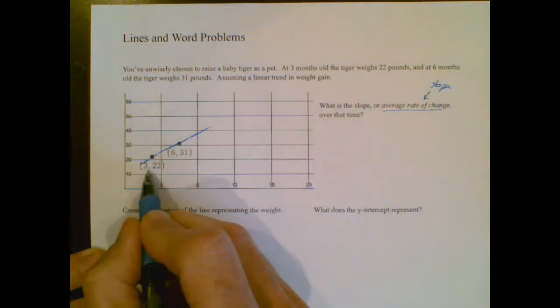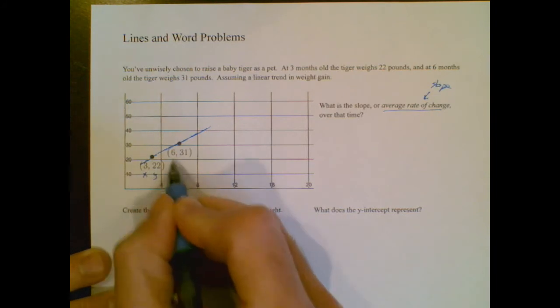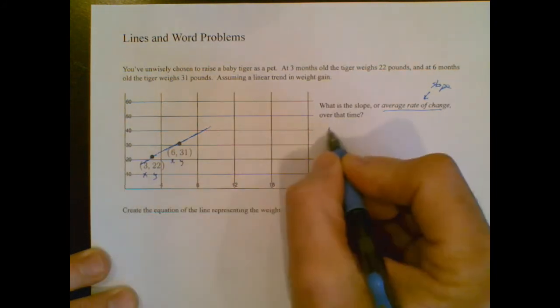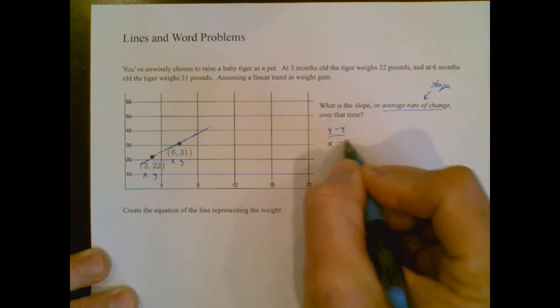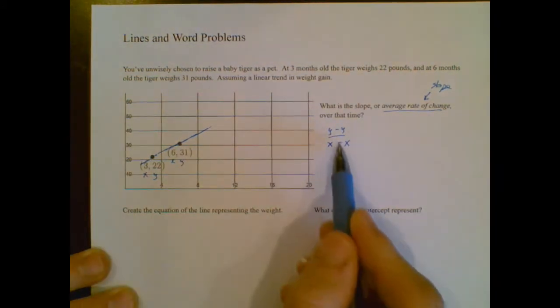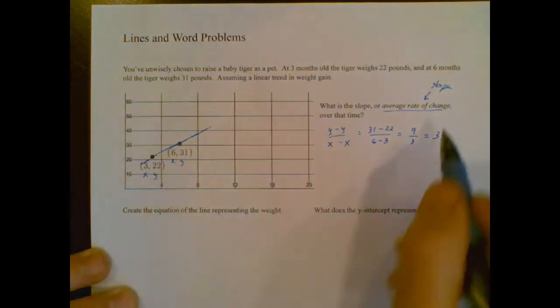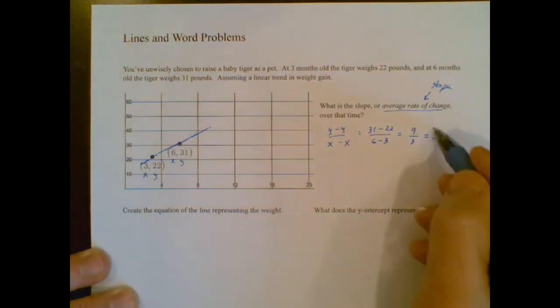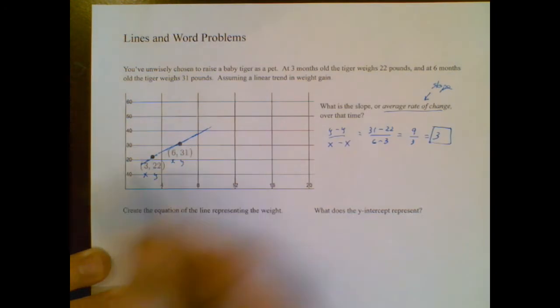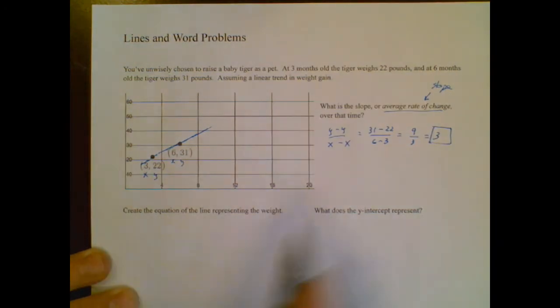And since we have an x and a y value, we can simply do the slope calculation. Be careful that you write this first so you don't accidentally mix up your x's and your y's. And I've worked that out for us, and we end up with a slope of 3. Okay, so this 3 for the slope of this line means something.